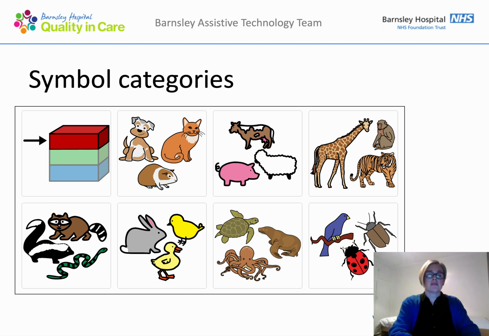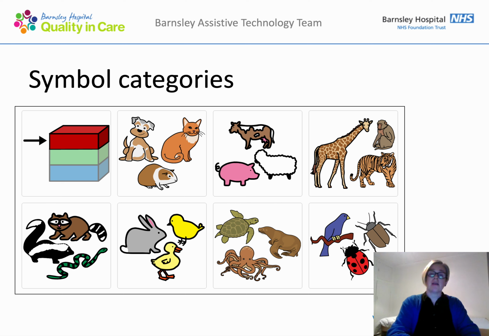As well as identifying individual symbols, we also need to be able to identify the categories. Again, this might look quite easy for those of us who are used to categorizing or are familiar with society's way of categorizing animals. However, if you think about something like the word chicken and where it might belong, there are actually several categories which could be equally valid.